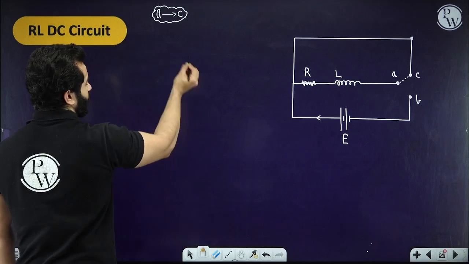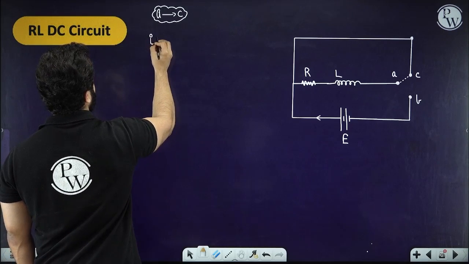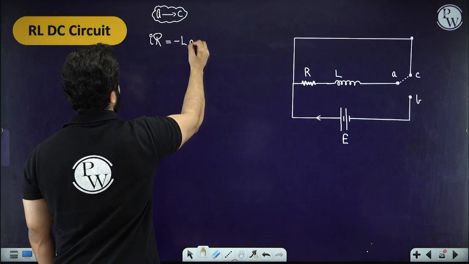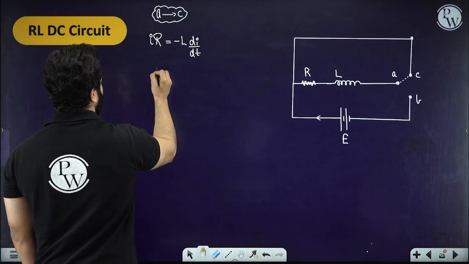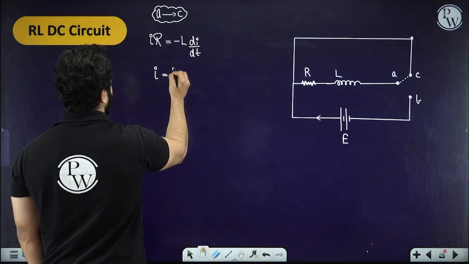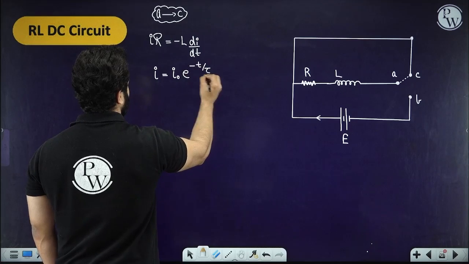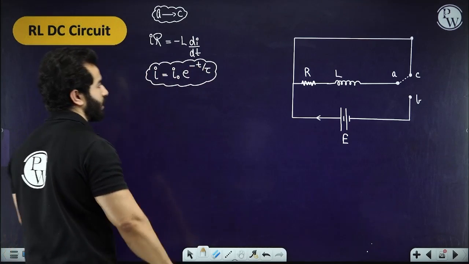If you apply KVL again, you will get IR equals minus L di by dt, and solving this equation you will get I equals I naught e to the power of minus t by tau. So do remember this equation as well.